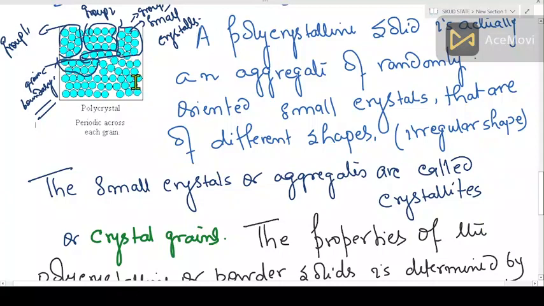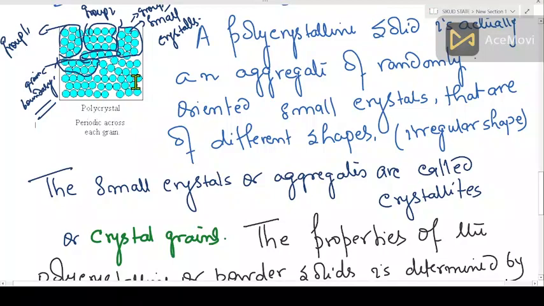A polycrystalline solid is the same as a powder. It is also a kind of powder, because when you study some methods of X-ray diffraction, like the Laue method and the powder method, in the experiment you are given a single piece of solid and you have to take the powder photograph.